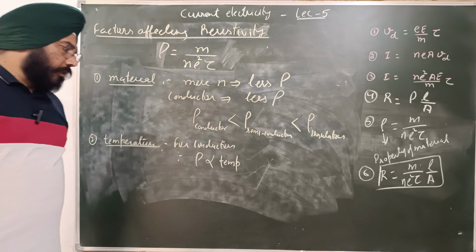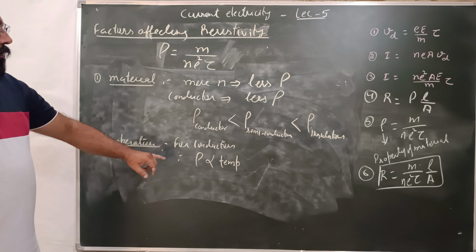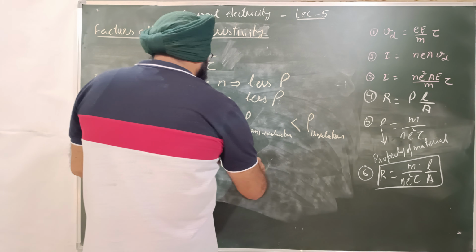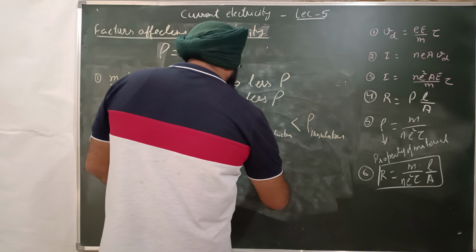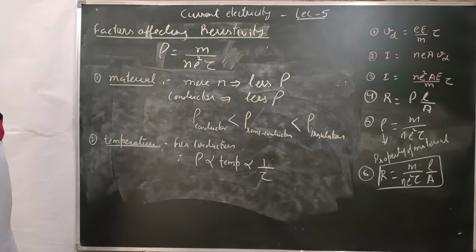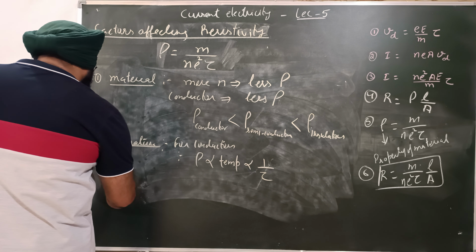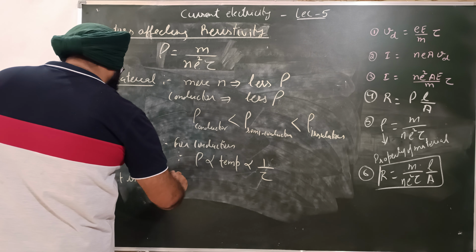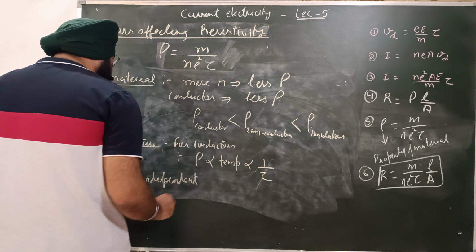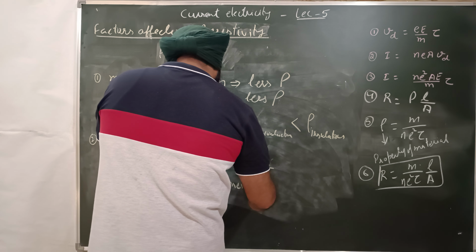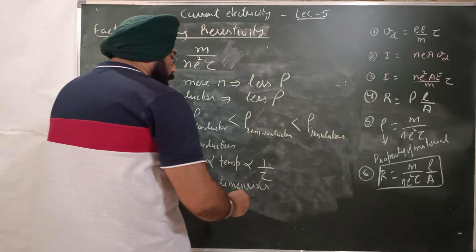With rise in temperature, resistivity will increase because temperature is inversely proportional to tau, the relaxation time. So these are the two factors that affect resistivity. Please remember, it is independent of the dimensions of the conductor.